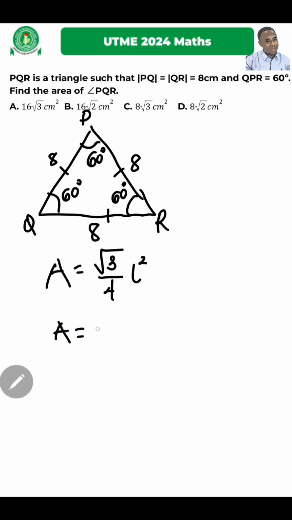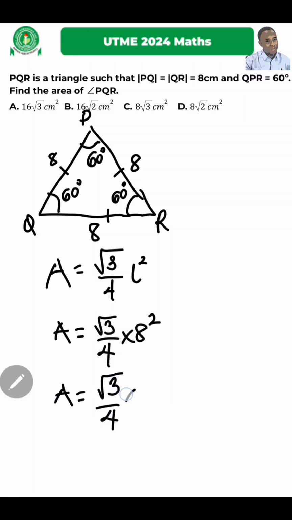So I have A equals to root 3 divided by 4 times 8 squared. So A equals to root 3 over 4 times 64. So the area of this triangle is going to be 16 root 3 centimeters squared. Option A.